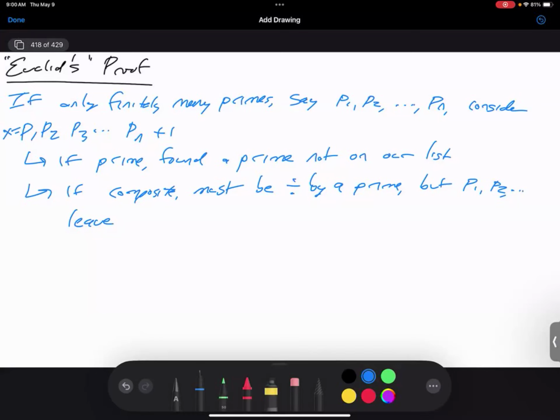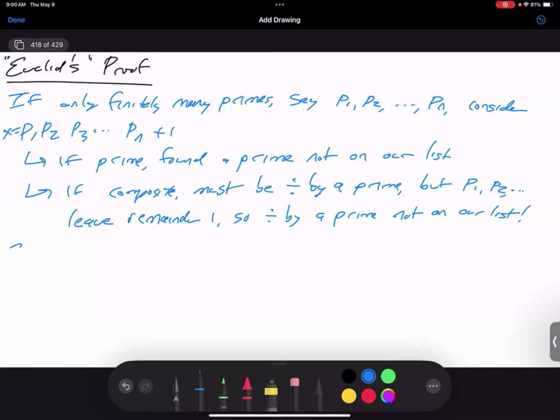Nope. Nope. 1. The remainder is 1. If I divide by P2, what's the remainder? 1. But all of these leave a remainder 1. So divisible by a prime not on our list. So this is a proof that there's infinitely many primes.